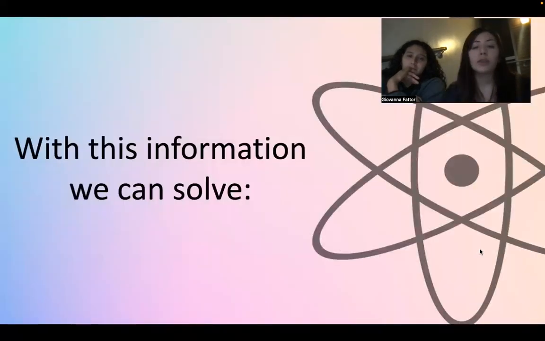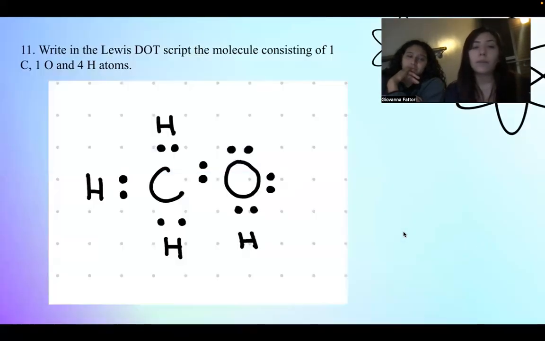So with this information, we can solve the question of how to write a Lewis dot structure for a molecule consisting of 1 carbon, 1 oxygen, and 4 H atoms. So 1 carbon has 4 valence electrons, hydrogen has 1 valence electron, and oxygen has 6 valence electrons.